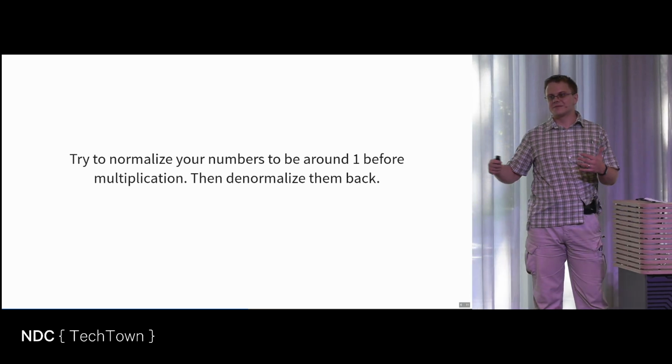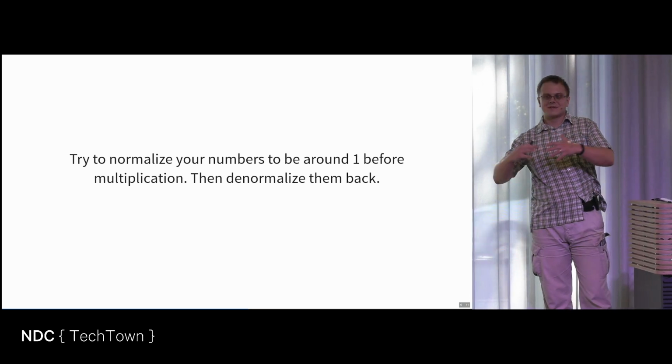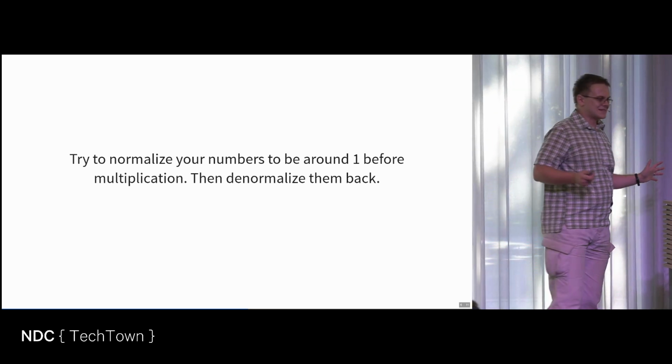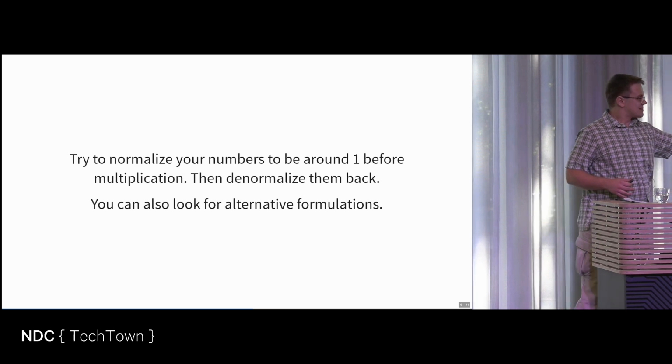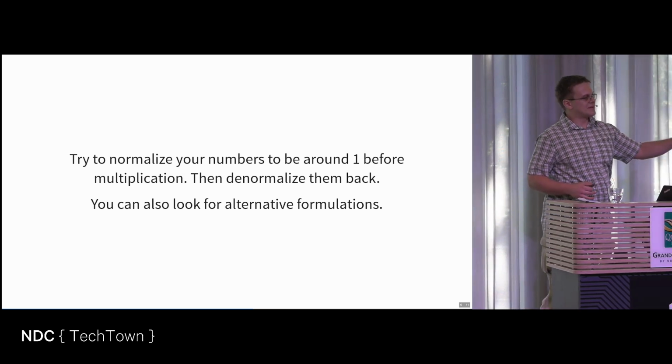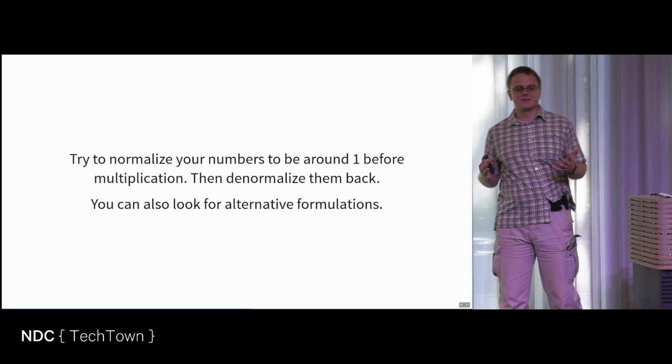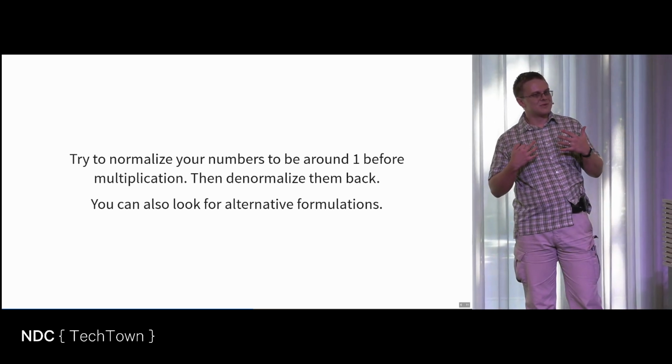And after you're done with the computation, transform it back. How? Depends on what you are writing. I will give you one example, but another option is to look for a different way of computing the stuff you need.